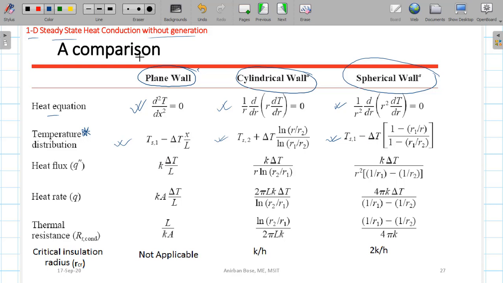Definitely this is true only under this condition: without energy generation, steady state, 1D, and constant thermal conductivity. Under these situations, the temperature field is independent of material property.